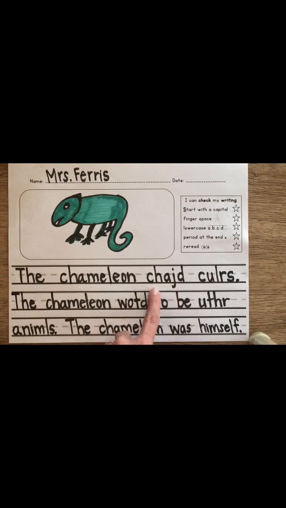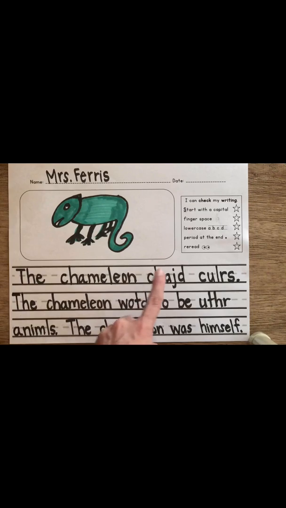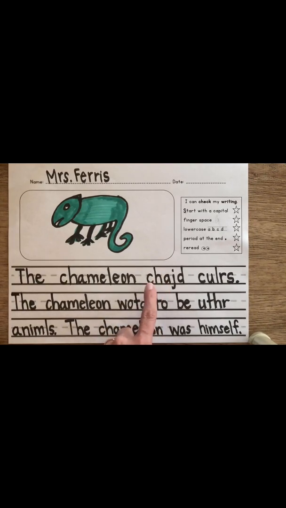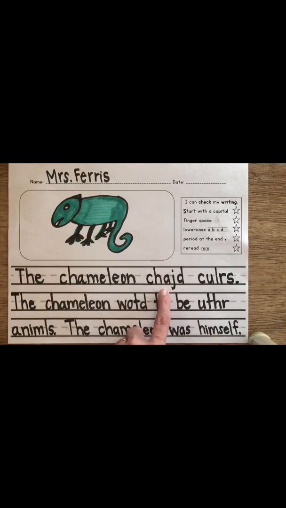Remember, I taught you that CH makes the ch sound. So I have the chameleon changed. I stretched out the word changed. Changed. Those are the sounds that I heard in the word changed. So that's how I'm going to write it.